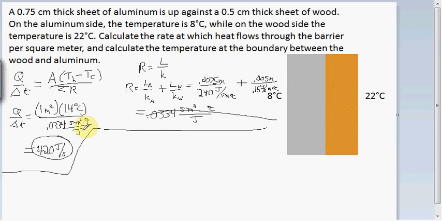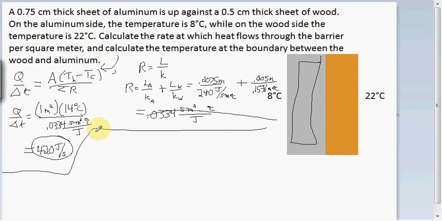Here we want to know what the temperature is at the boundary between the aluminum and the wood. To figure that out, I'm going to take the same principle, heat conduction, and apply it to just the aluminum. The idea is that the 420 joules per second flowing from left to right through this thing applies to both the aluminum and the wood.